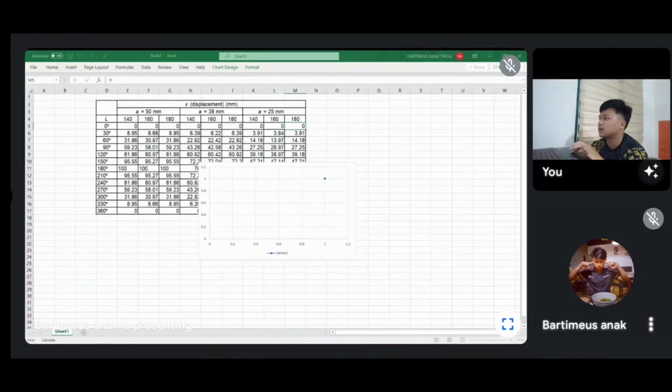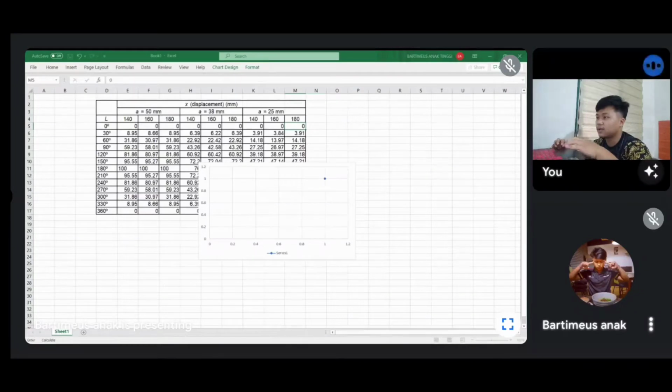So I will make it for the 15 mm and 140 for the length. So first we insert the name. The name is 15 mm, and for the length is 140.